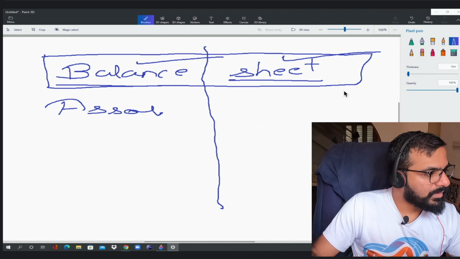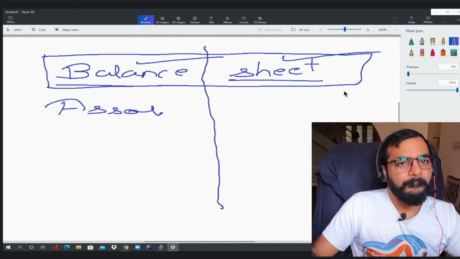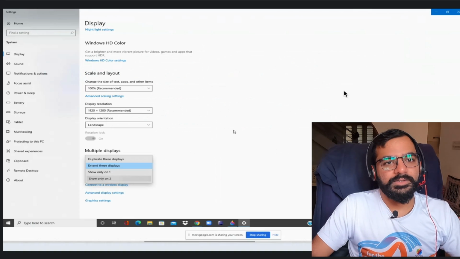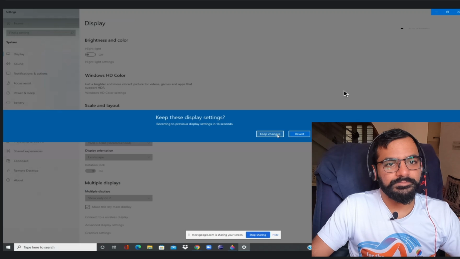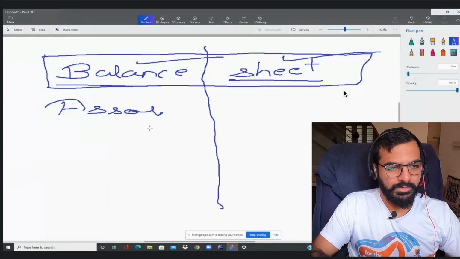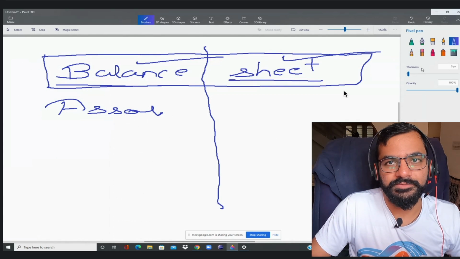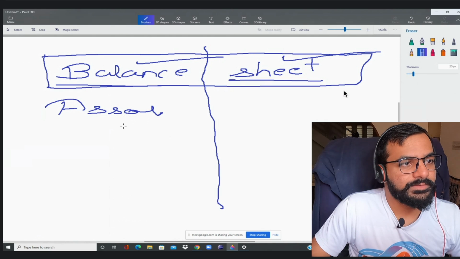Keep this as single screen. This is better. My screen is visible still, right? Writing here would be easier. It was getting difficult there.